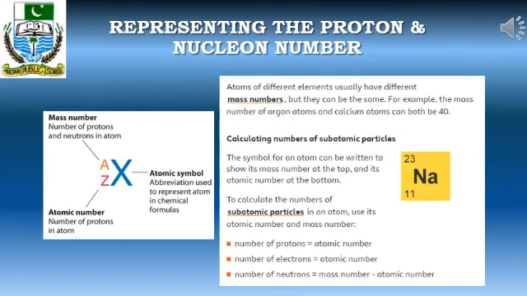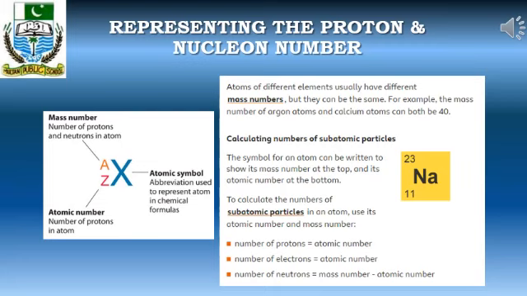How can the nucleon number and proton number be represented? The nucleon and proton number can be included when representing an element in symbols. We know that in the periodic table all the elements are represented by symbols. So when they are represented by symbols, how are nucleon number and proton number arranged with the symbol?